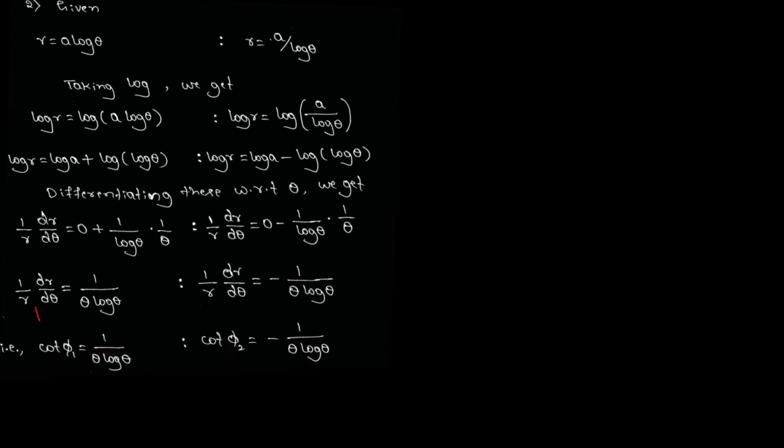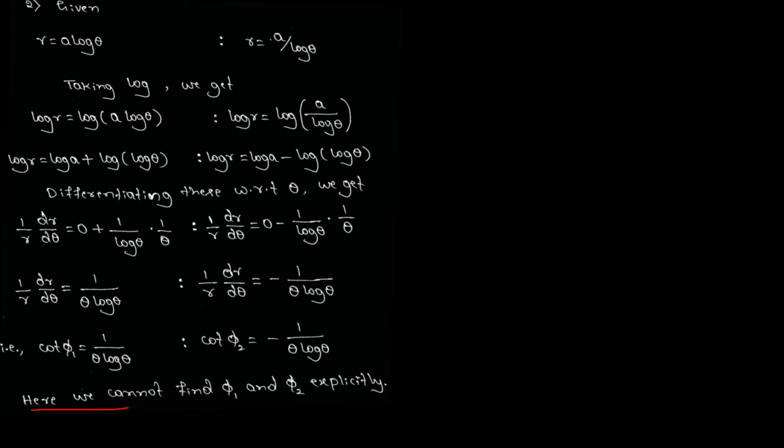1 by r dr by d theta, in this expression we can take it as cot phi 1 and take this as cot phi 2. Here we cannot find phi 1 and phi 2 explicitly. We cannot cancel this cot with the RHS because we don't have any cot or tan in the RHS.